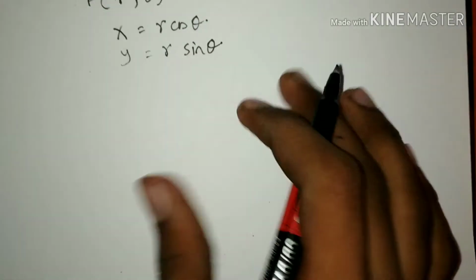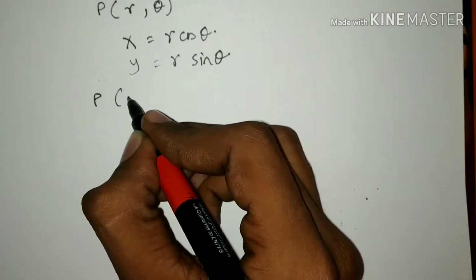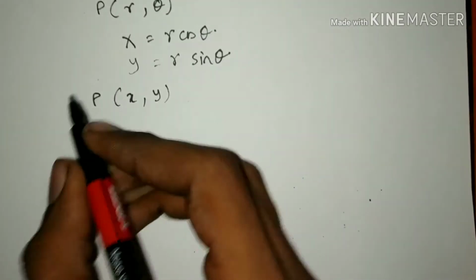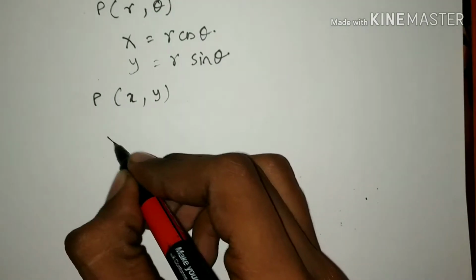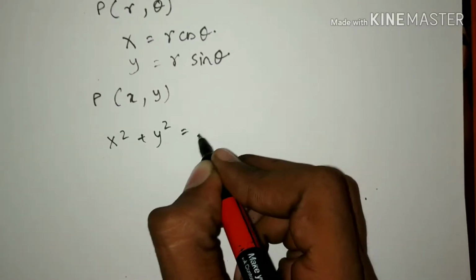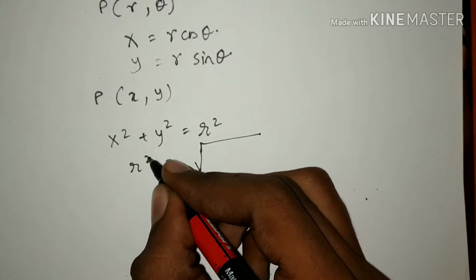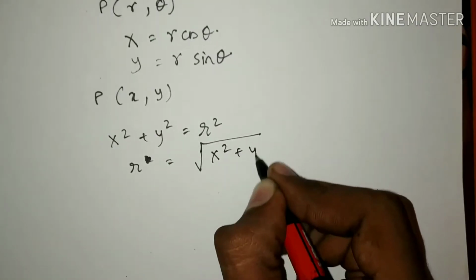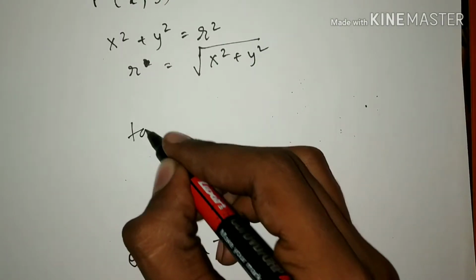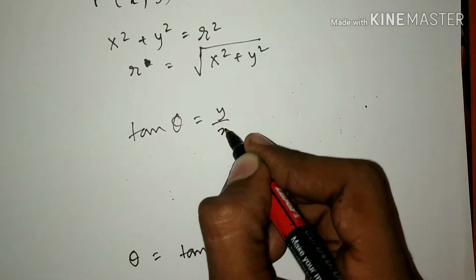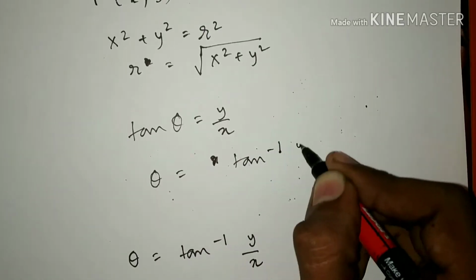Similarly, if we are given the x and y coordinates of a particle, we can find r and theta: x square plus y square equals r square. So r is the square root of x square plus y square, right? Now we can also find theta as tan theta equals y by x. So theta equals the inverse tangent of y by x.